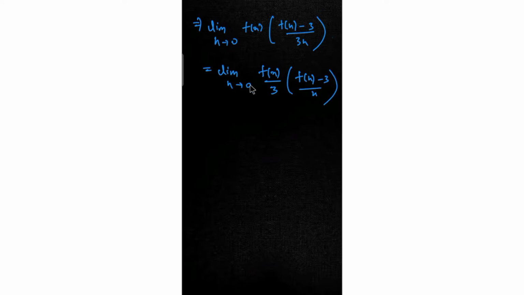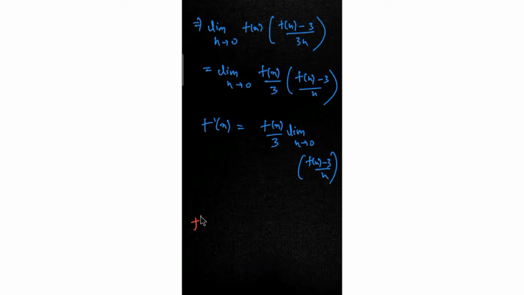This is the value, and now f dash of x, we can put in the LHS of this equation, so that you don't get confused. Let me write it again. So f dash of x is equal to f of x by 3 into limit h tends to 0 of f of h minus 3 divided by h. I'll just take this limit inside.